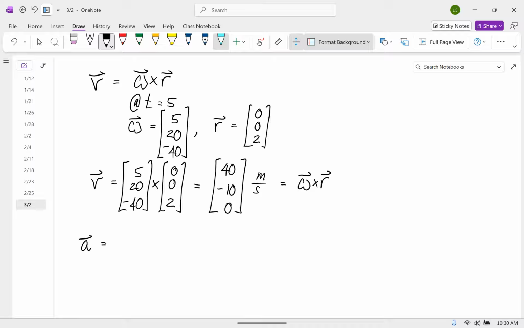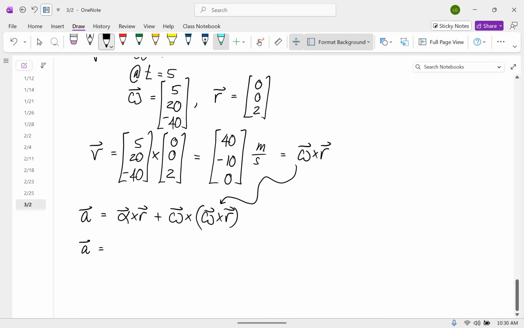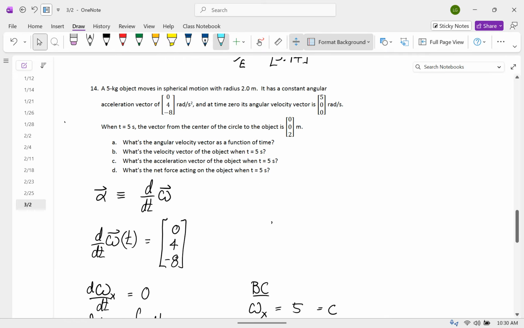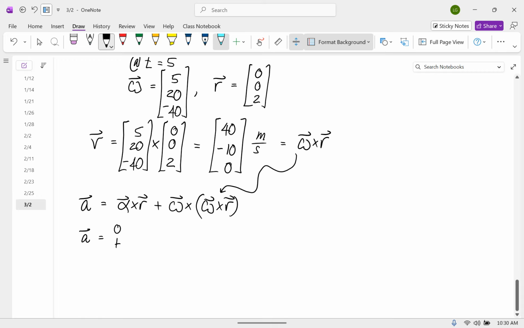The acceleration is the watermelon equation. All ripe watermelons will rot. And we can use this here. We already have r and we already have omega at time 5 seconds. Alpha is the thing that's given, 0, 4, negative 8. r is 0, 0, 2.